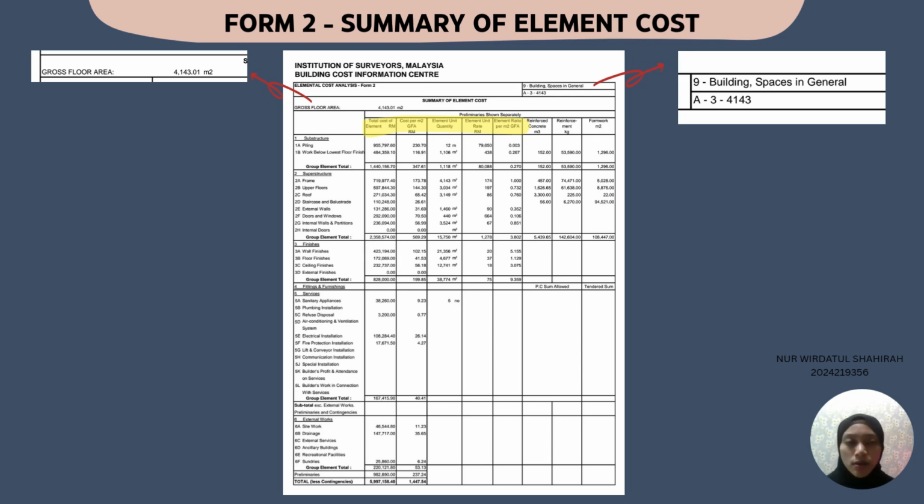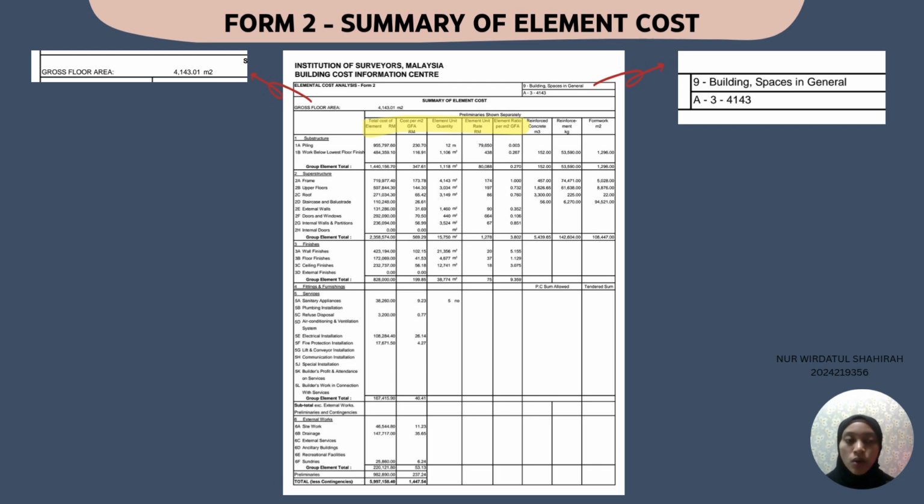Moving on to the fifth element, which is services. The total cost allocated is RM1,067,450.50, making up 2.79% of the total cost. This element includes essential building services such as sanitary appliances, external installation, protection, and minor provisions for refuse disposal.